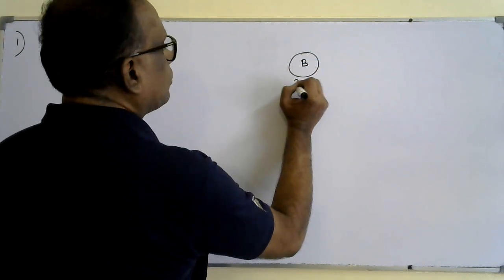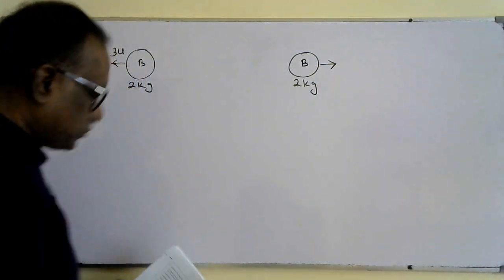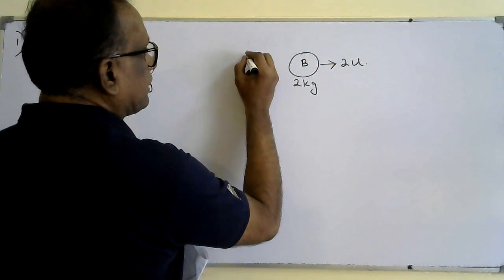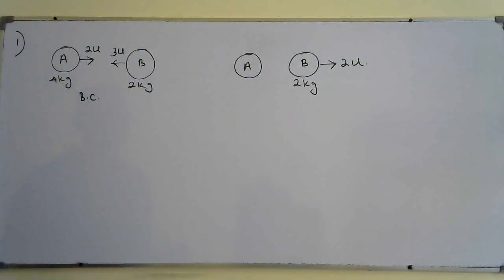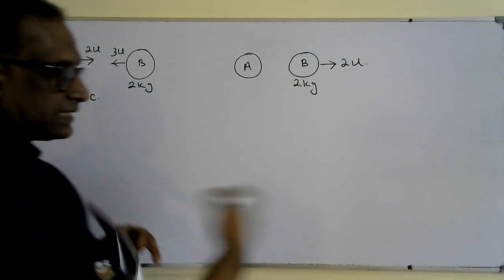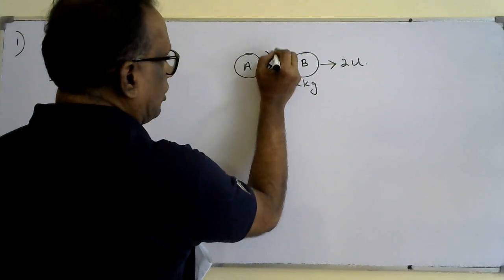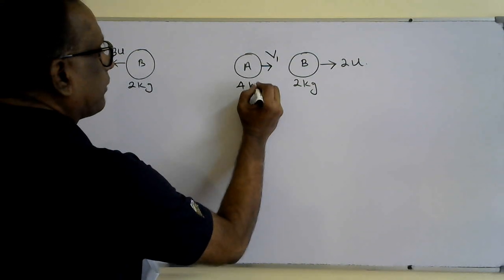That is 2 kilograms, moving towards right at 2u. Immediately after collision, I don't know whether A is moving in the same direction or they are bouncing off from each other. We don't know anything. I'll take towards right, moving at a velocity v1. Its mass is 4 kilograms.